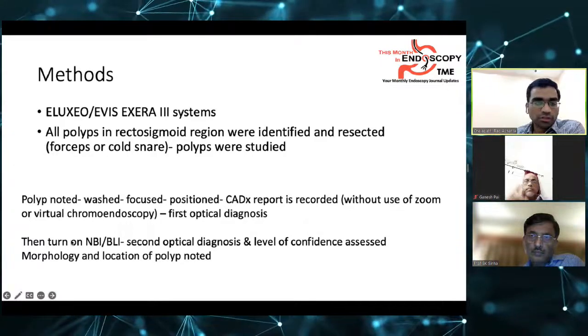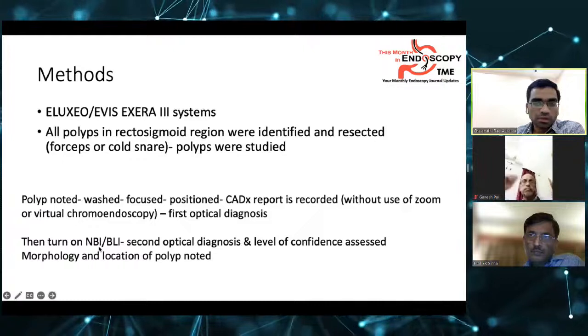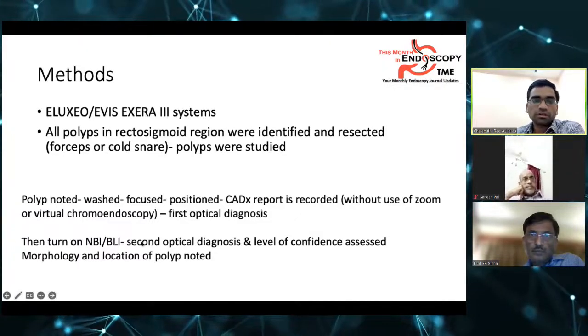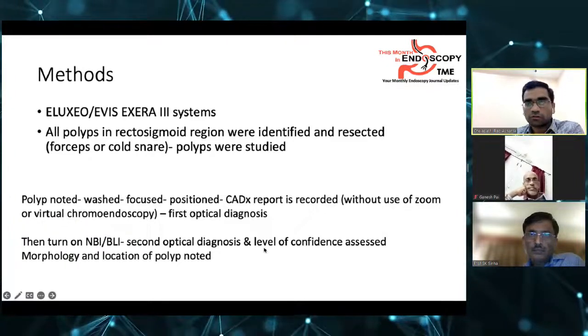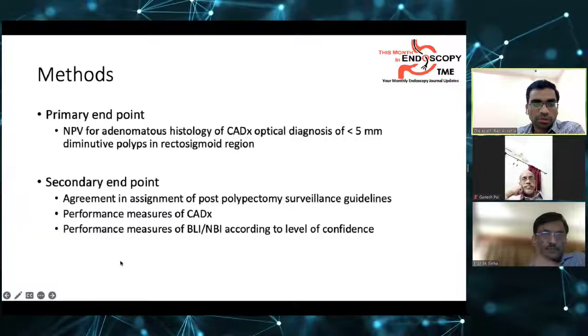And then the NBI or the BLI, that is the virtual chromoendoscopy system, is switched on, and the endoscopist gives a second optical diagnosis with a level of confidence, and the morphology and location of the polyp are noted.